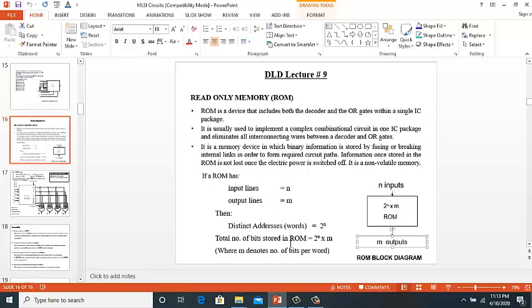So the total number of bits stored in a ROM would be 2 raised to power n into m, where m denotes the number of bits per word. So let us physically see the inside construction of a ROM, and whatever I have said over here would be repeated in the next page, which we are going to select.